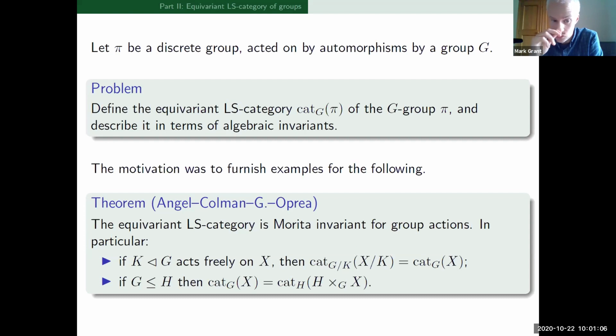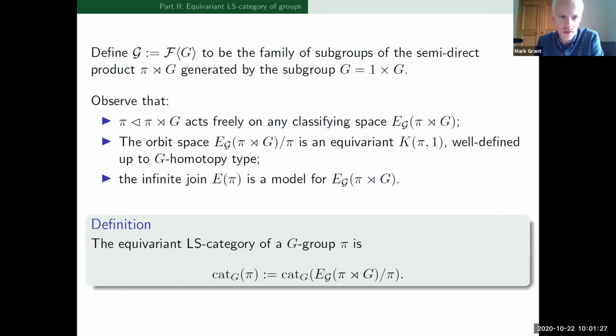As it turns out, I'm not sure that we can do that, at least for the first property, because the spaces that we end up taking the equivariant category of, the equivariant K(pi,1)s, are never free actions. So anyway, here's what seems to be the correct definition of the equivariant category of a group.